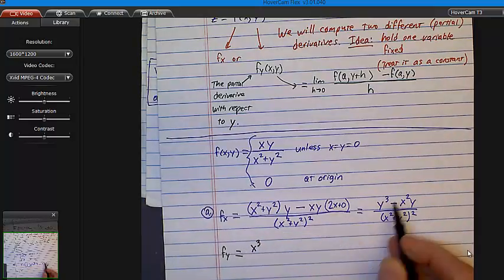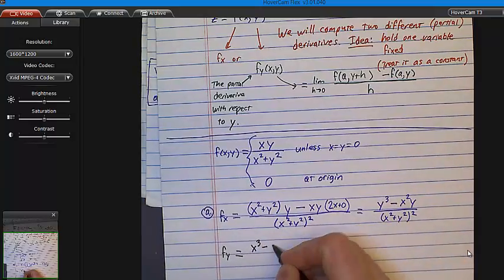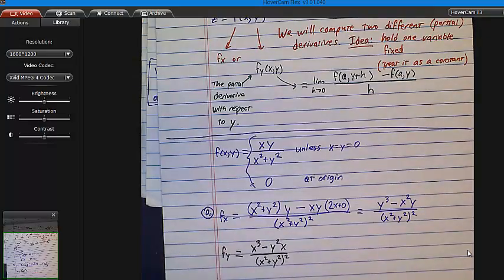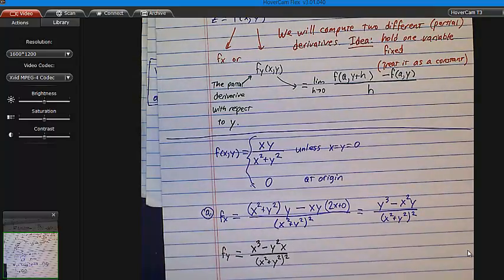X cubed minus y squared x over, and I'll still write it as x squared plus y squared, squared. I guess it would come out y squared plus x squared, squared, but that's the same thing. Do you guys believe that that's what we would get if we worked it out? Yeah. Okay.